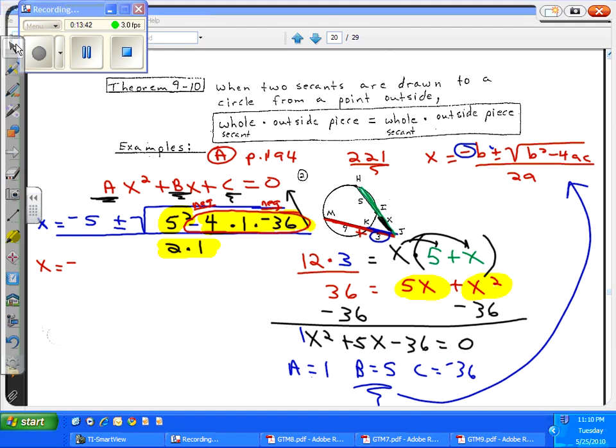And so we're going to have x is equal to negative 5 plus or minus the square root of 5 squared is 25. 4 times 1 is 4 times 36. 4 times 36 is 144.